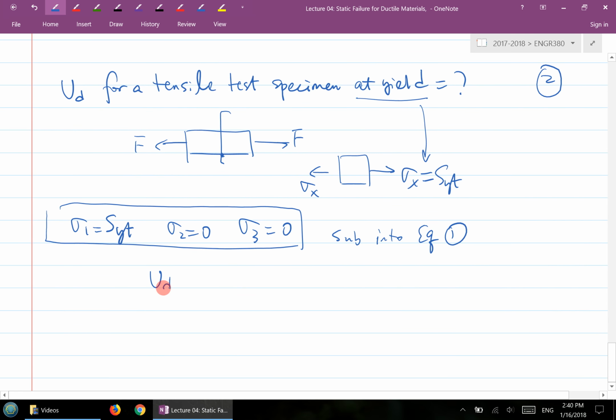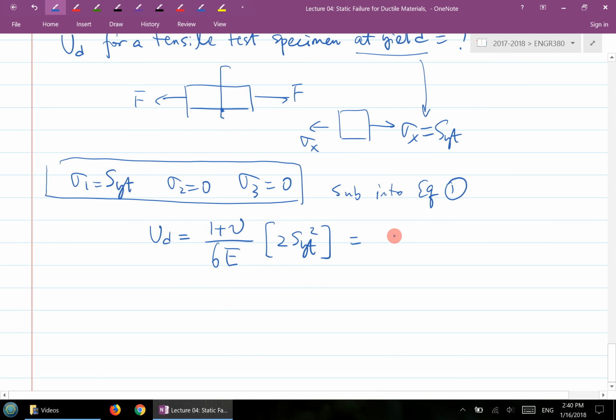UD equals (1 plus Poisson's ratio) over 6E, times 2 times SYT squared. That's the distortion energy for a tensile test specimen at yield. A little bit of simplification gives us (1 plus v) over 3E times SYT squared. Okay, so we are done with the value for quantity 2.